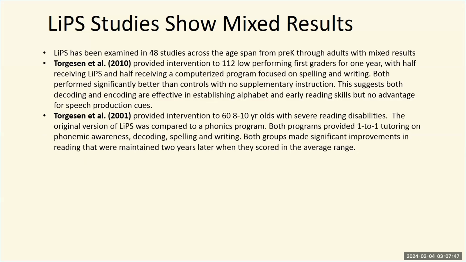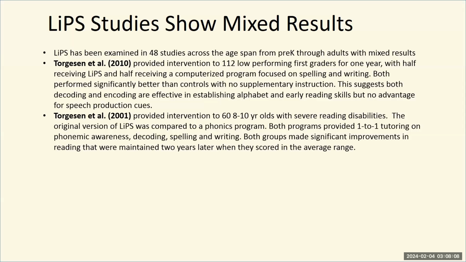Torgesen also provided intervention to 8 to 10-year-olds with severe reading disabilities. He was using the original version of LIPS, the ADD program, and he compared that program's progress to a phonics program.